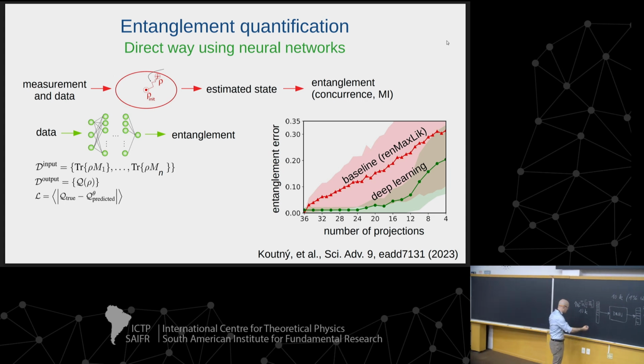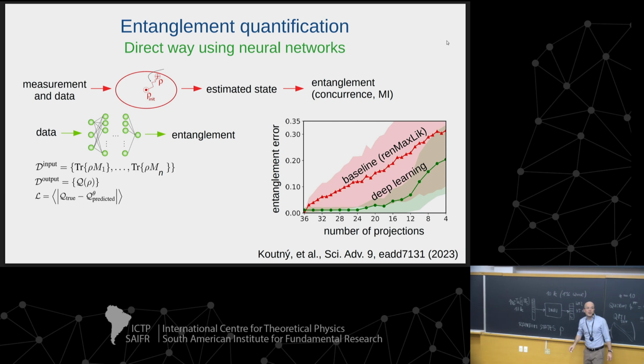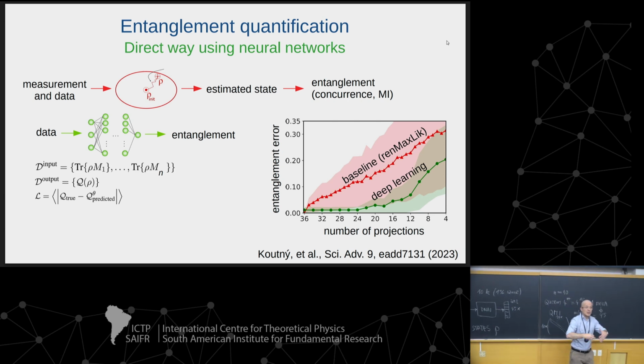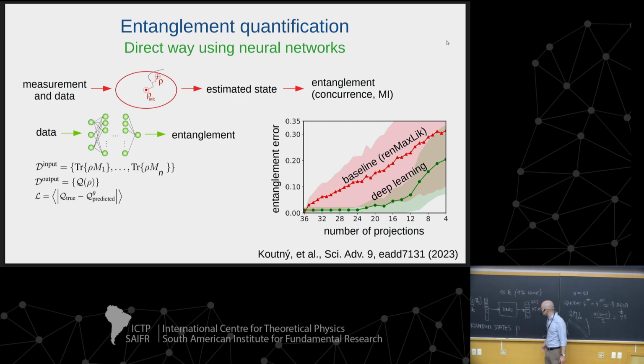So basically, we generate some random quantum states, generic states, partially entangled, partially pure, and so on, with different ranks.